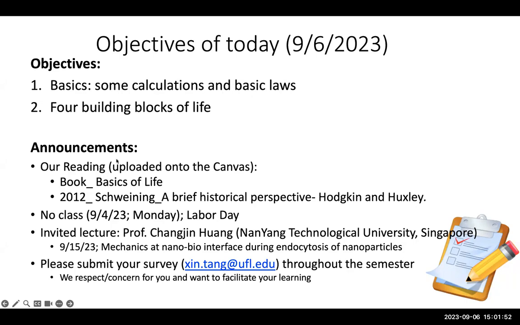Okay. And here I have only one announcement today. For the reading, besides the book I mentioned, The Basics of Life, uploaded in Canvas, I also put another paper. That's also a very interesting paper. It talks about the brief history of the Hodgkin-Huxley model. That is the model we briefly talked about, the action potential electric signals in the neuron membrane.